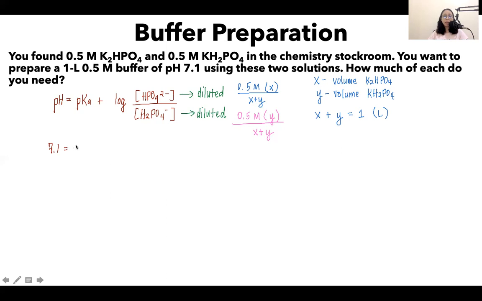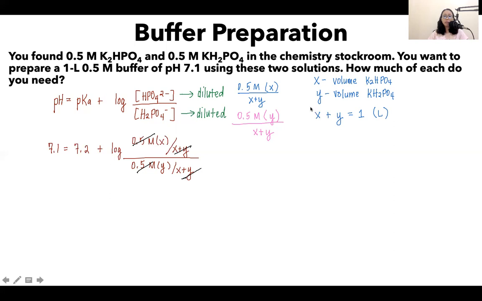So the pKa for dihydrogen phosphate is 7.2 plus logarithm of 0.5 molar times X over X plus Y divided by 0.5 molar times Y over X plus Y. And notice you can cancel out the 0.5 molar and also the X plus Y. So you are left with X over Y.